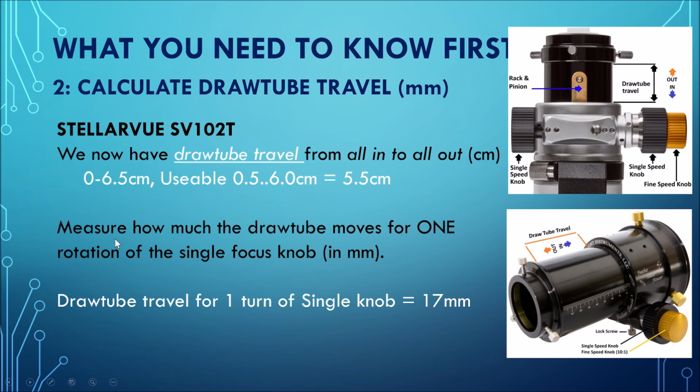The next measurement we do is we have a single speed knob here, and what we do is we rotate this one full revolution, 360 degrees, as near as we can get, and then we measure the travel again from where it was to where it is now, and we get 17 millimeters.